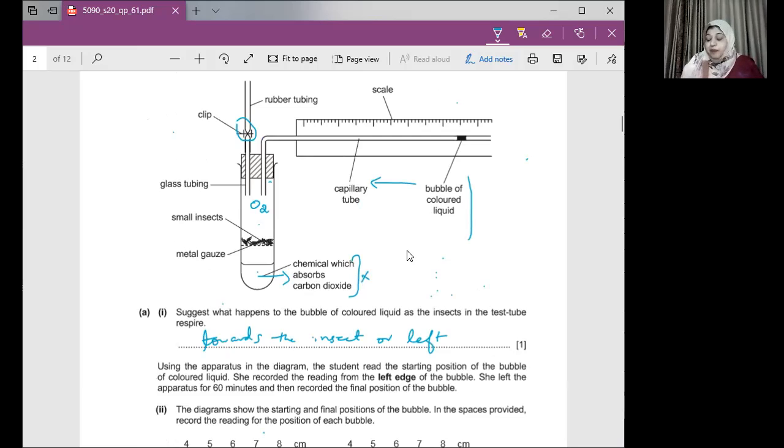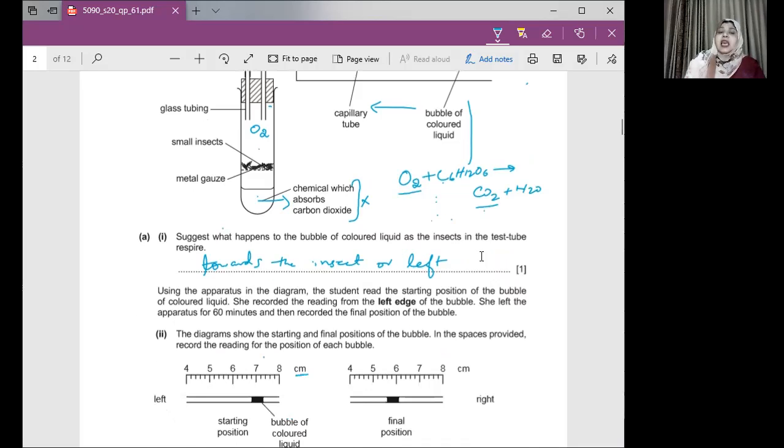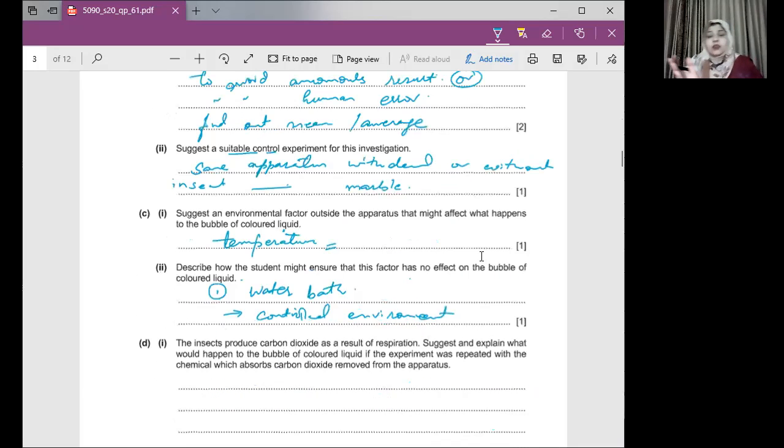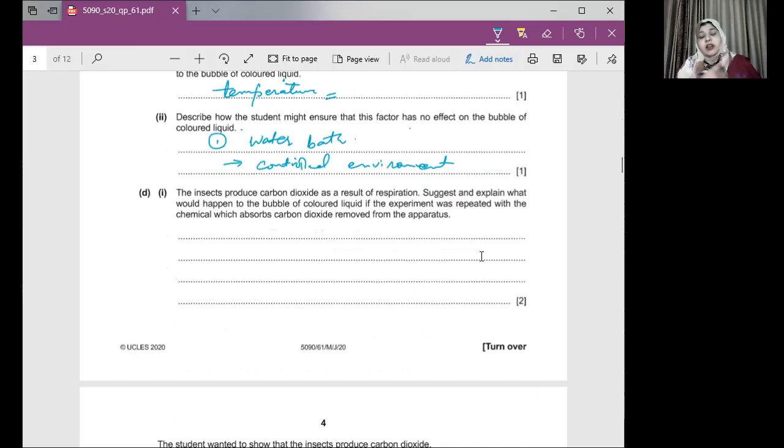If you remember the respiration equation, oxygen breaks down glucose and produces carbon dioxide and water. If you balance this equation, you can easily find out the number of molecules of oxygen and the number of molecules of carbon dioxide is the same. So it means if the insects are using 6 molecules of oxygen, they will produce 6 molecules of carbon dioxide.